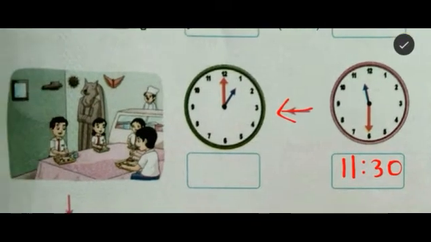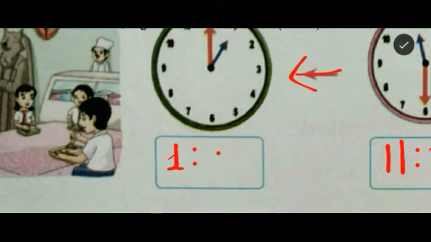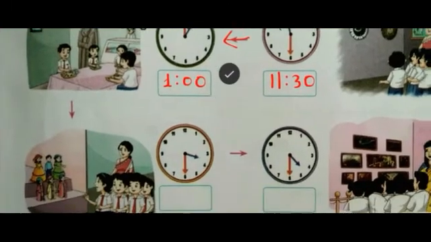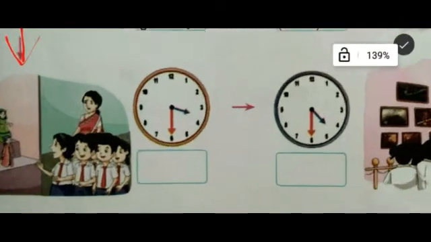So what is the time that we can see in this clock? It is 1. So we can write here time 1 o'clock. Okay, scholars. Now, just see where is the arrow going. Arrow is going again down now, and still the scholars are in the museum only. And it is time is 3:30.